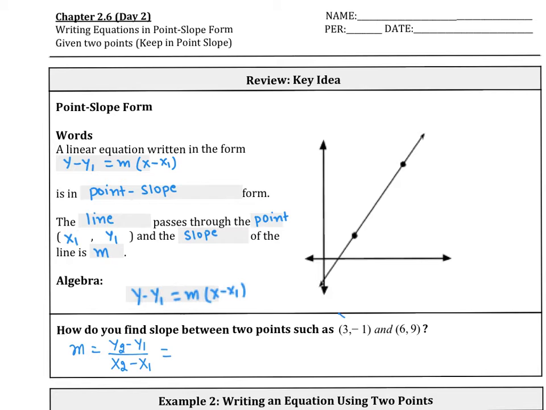So we can name that x1, y1 and that x2, y2. So this is going to be 9 minus -1 divided by 6 minus 3. So this is going to be 10 divided by 3. So the slope is 10 over 3. It's a positive slope and the line for this slope is going to rise from left to right.